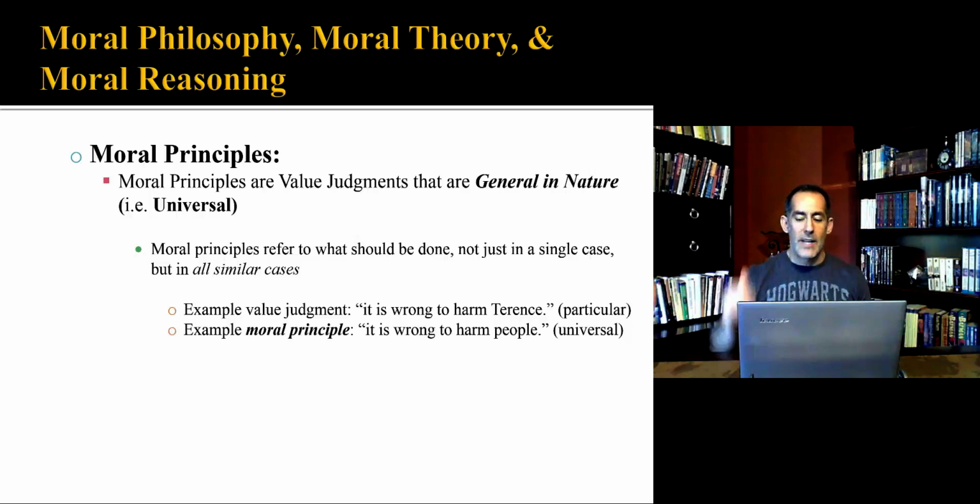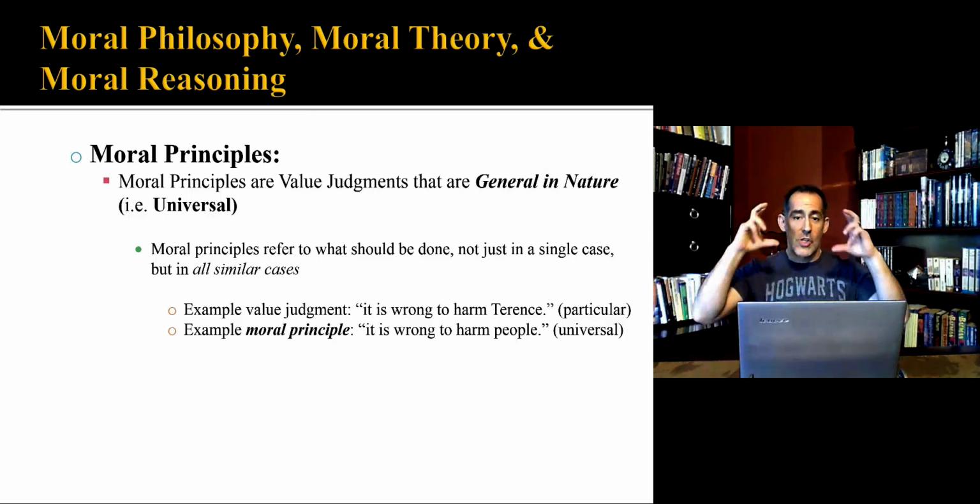It's wrong to harm Terrence is a moral value judgment, but it's not a moral principle, because it's not general. It's talking about Terrence. So it's a particular statement that's a moral value judgment. Whereas a moral principle would be something that's general or universal in nature, such as it's wrong to harm people.